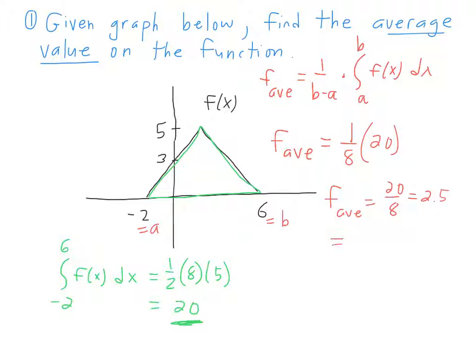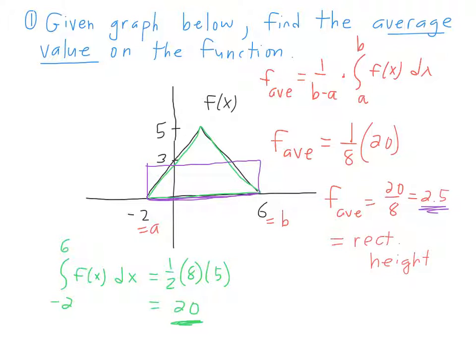Now, recall that this is really the rectangle height. Let's attempt to sketch this and draw it in here. We know the width is 8, it spans between -2 and 6, and the height is 2.5. So let's say 2.5 is up there, and I'm drawing in my rectangle.